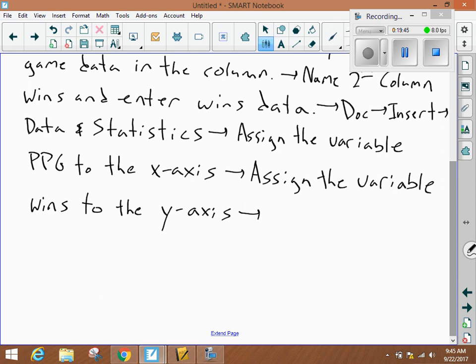So we'll just do this so we don't have to make a new page. We're going to hit menu, analyze, and then it was regression, right? And we'll choose whichever one, y equals mx plus b.